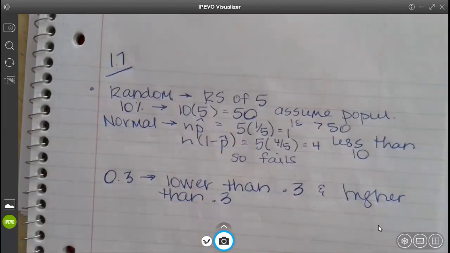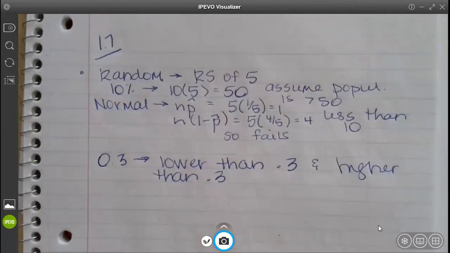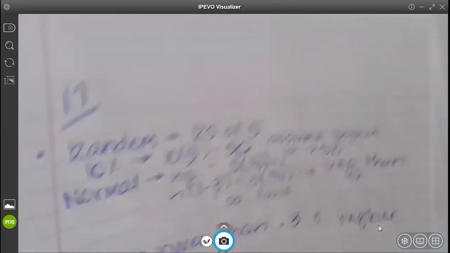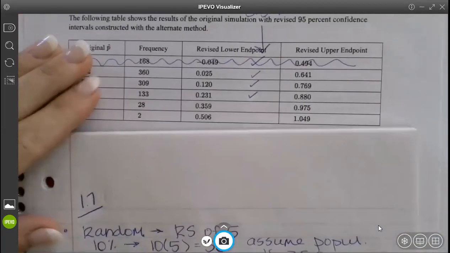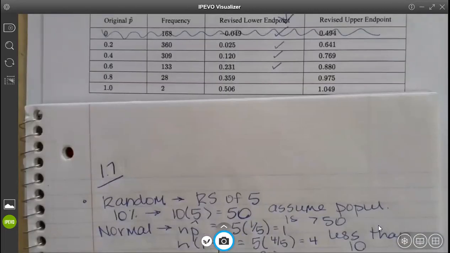All right. So let me clarify this one more time. This is exactly what it says. To capture the true proportion of 0.3, the lower boundary must be less than 0.3 and the upper boundary must be greater than 0.3. Okay. This occurs for values of 0.2. So when we look back at this, one more time, let me read it one more time.